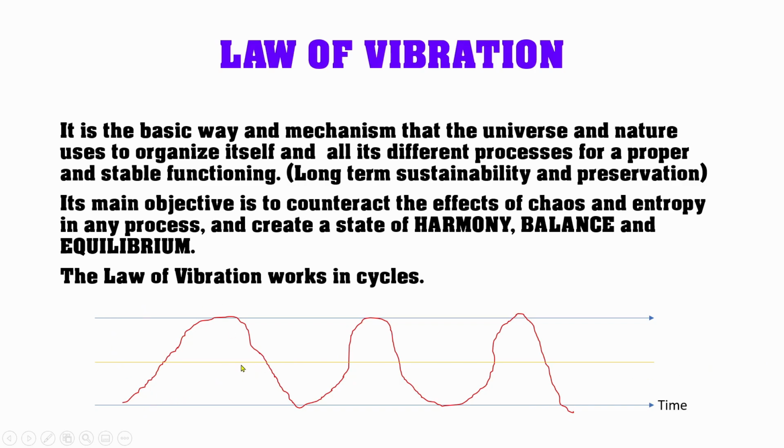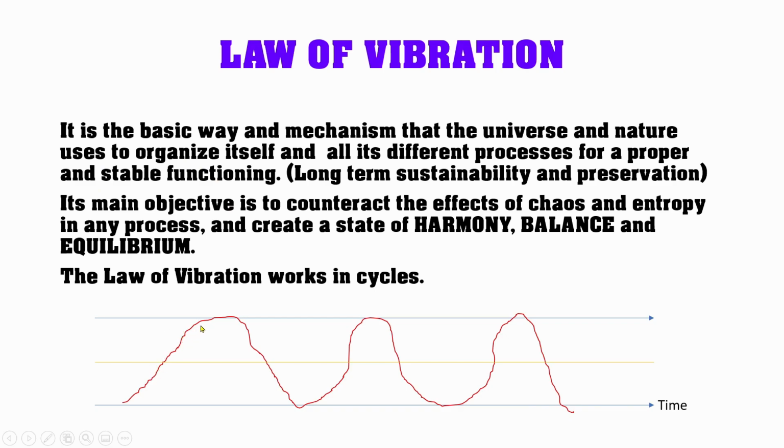So imagine we have two extremes of anything in existence, and it always has the same movement. It comes here because it is always in a moving state. It's never at rest.